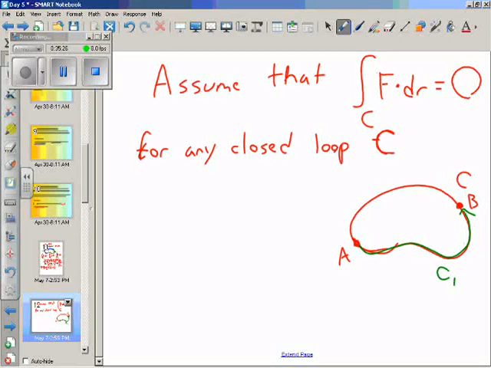And now I'm going to go this way again from A to B, and we're going to call that C2.